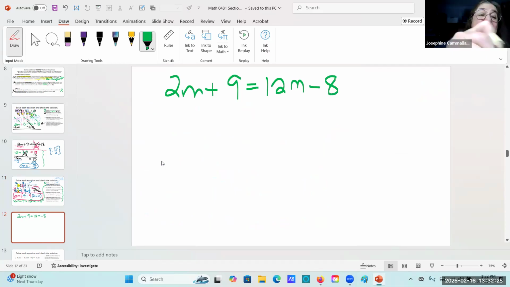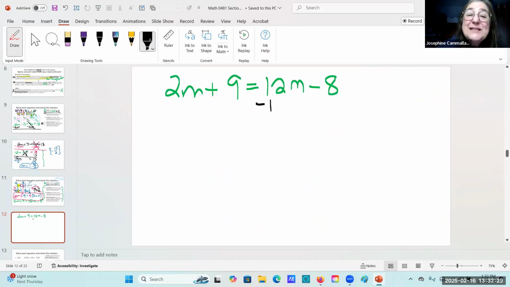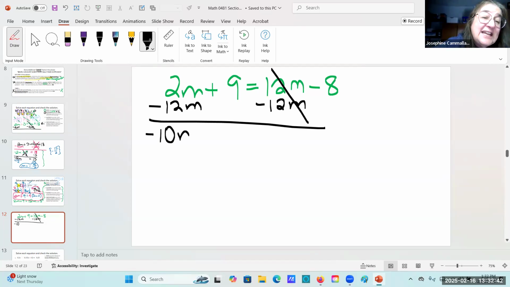Now again, this is my choice. I am subtracting 12m from both sides. This is going to cancel. Now I'm getting negative 10m plus 9 is equal to negative 8.